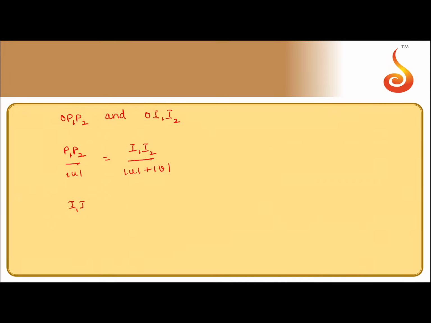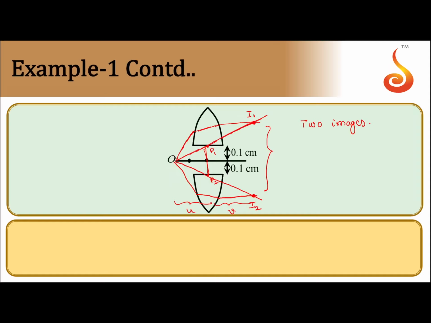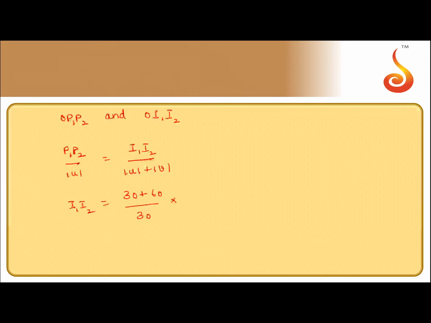So I1I2 is u, which is 30 centimeters, plus v, which is 60 centimeters, divided by 30 centimeters, into P1P2, which is the distance between P1 and P2, that is 0.2 centimeters.